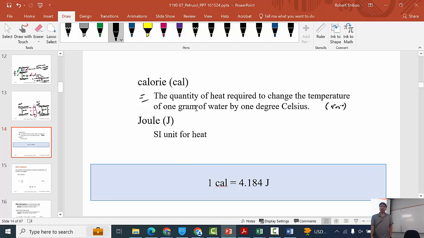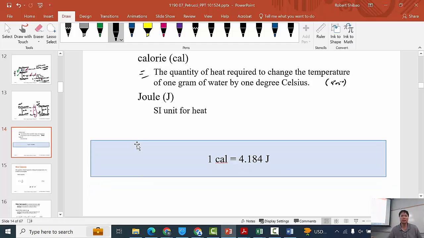The transfer of kinetic energy. We also have something called the food calorie. I might as well talk about it here. It has a capital C. We use this for food, and it's defined as 1,000 chemical calories.